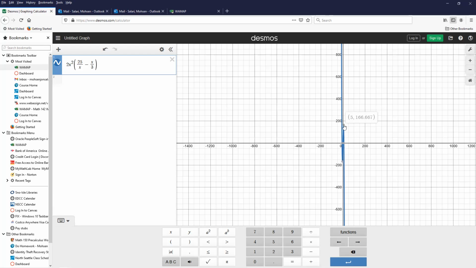That local max is giving me the numbers, which is 5, 166.667. Okay, so I'm going to go back to my iPad. Let me stop sharing here and go back to my iPad.